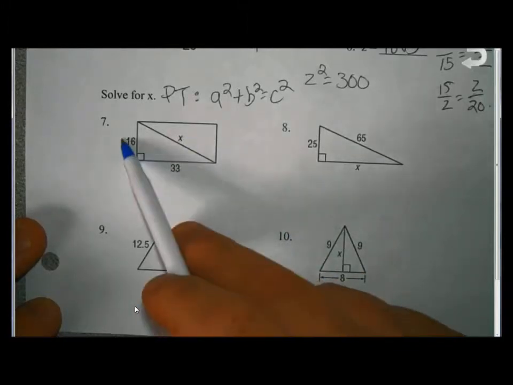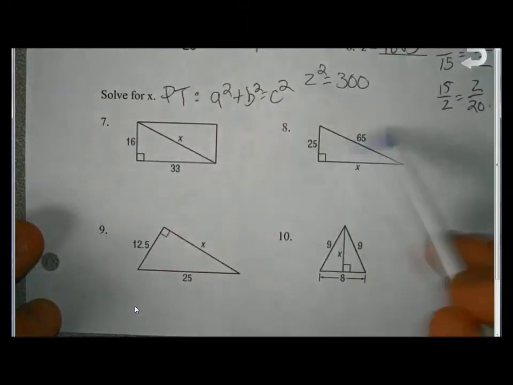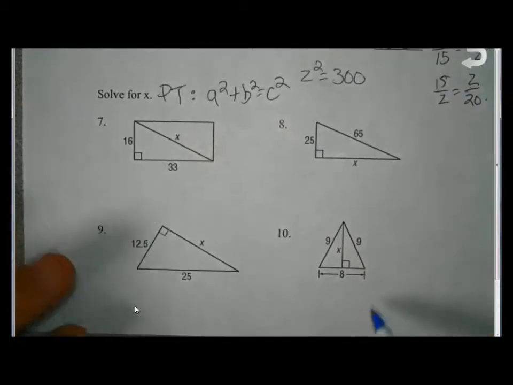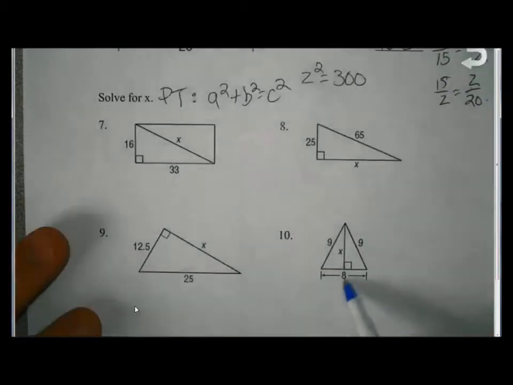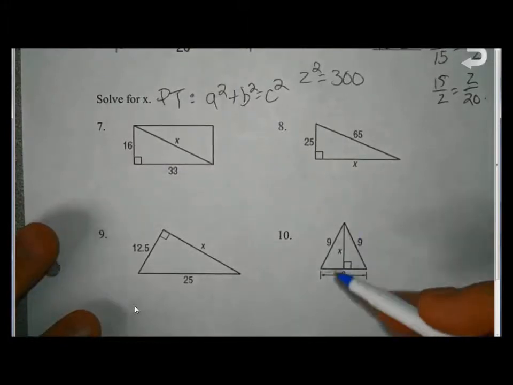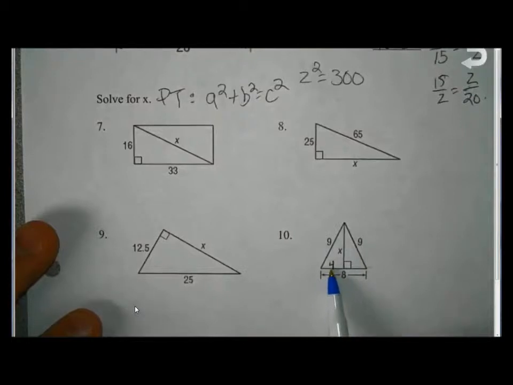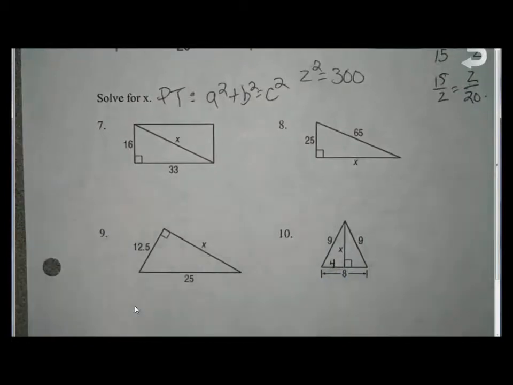Add them. When you're solving for a leg, what are you going to do to the squares? Subtract them. Number 10 is a little bit more difficult because the long side is 8. What does that mean this is? 4. Good job. Does everybody understand that? Alright, so go ahead and take a couple minutes and solve these 4 problems.